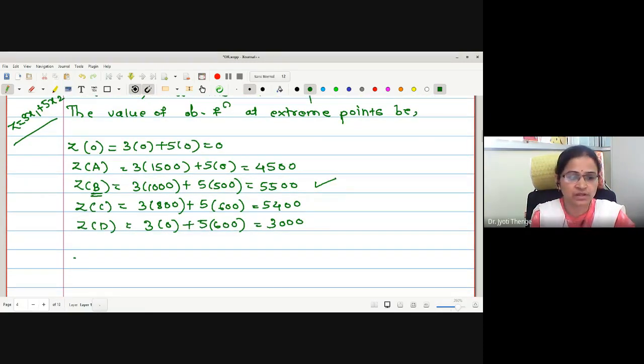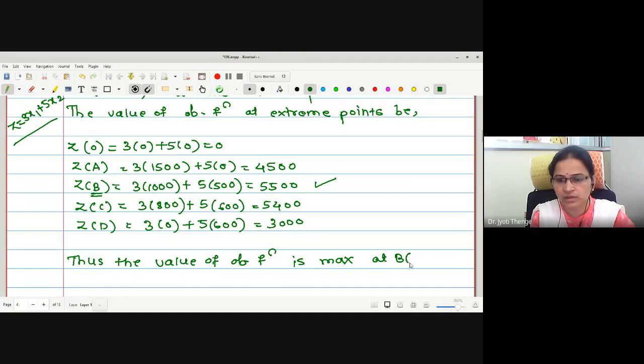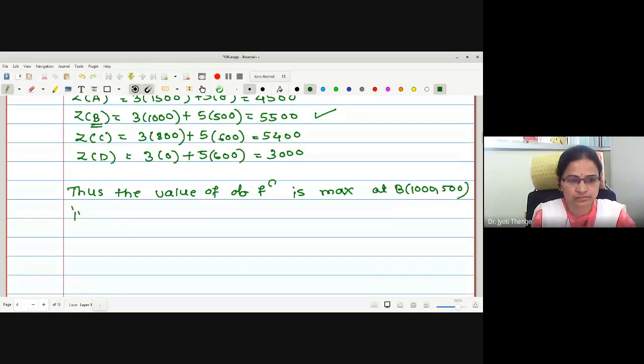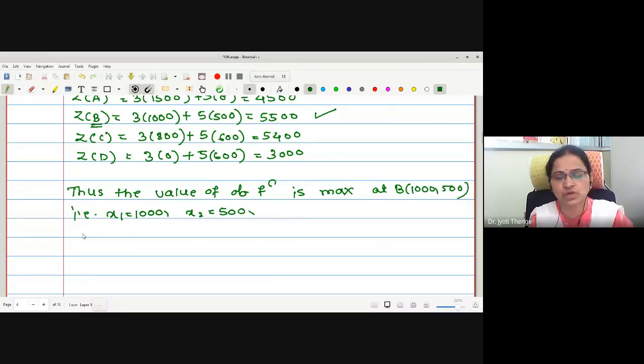Thus, the value of objective function is maximum at B: x1 equals 1000 and x2 equals 500.